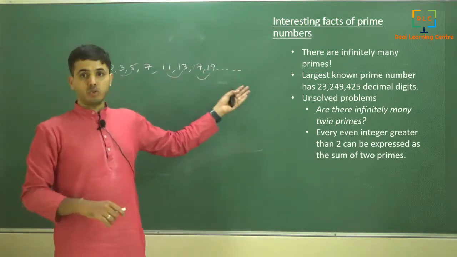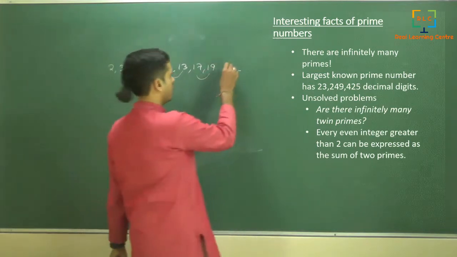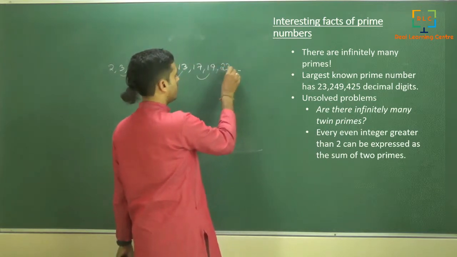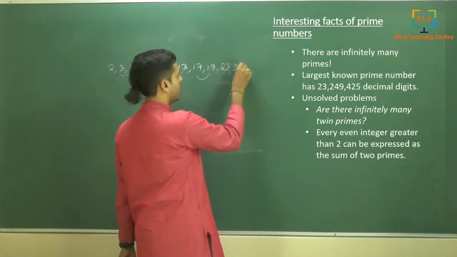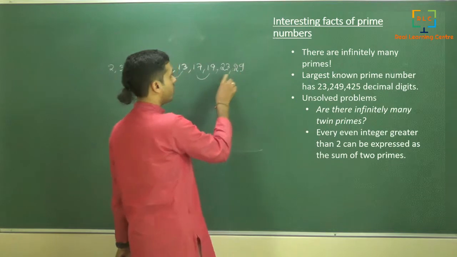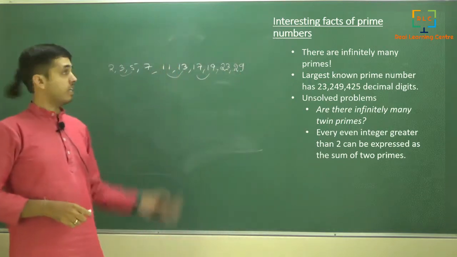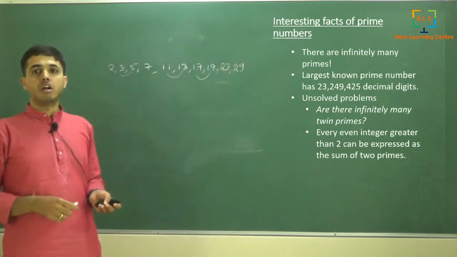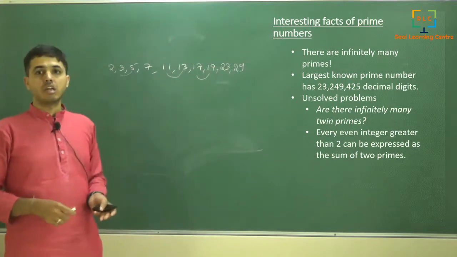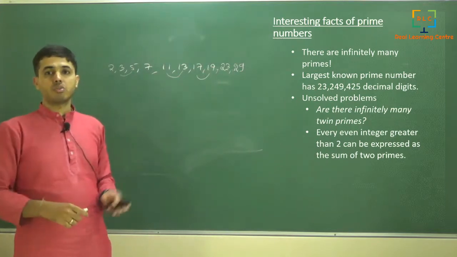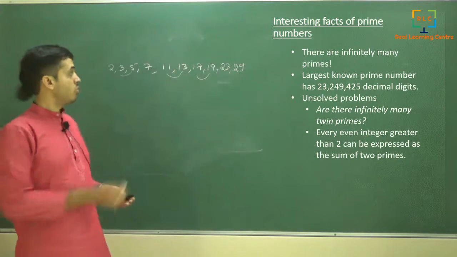Now, as you go on, as I told you, next you get 23. After that, there is 29. You don't get a twin prime here, but it again reappears. If you go to the 30s or 40s or 50s, it again reappears.